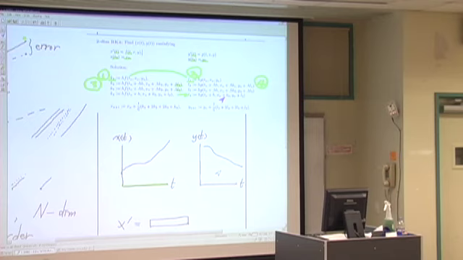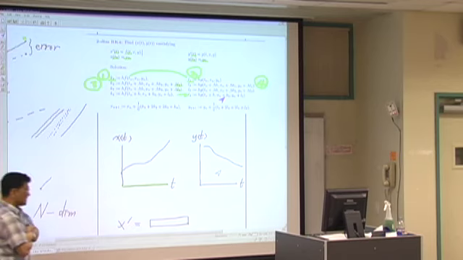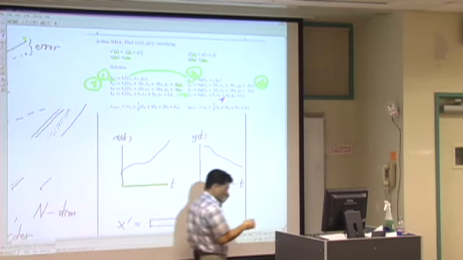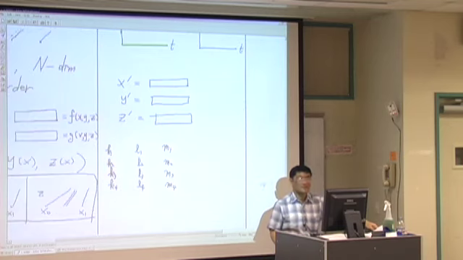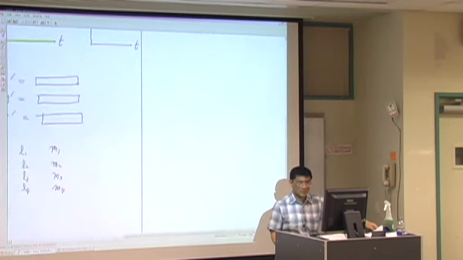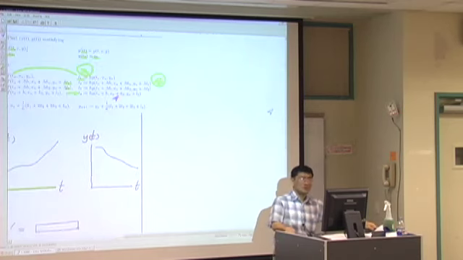So what are the differences between x of t and y of t? In the one-dimensional case, as time varies, we want to determine the position, right?